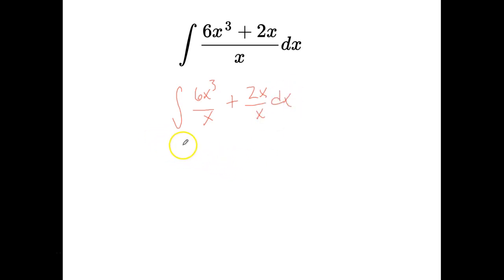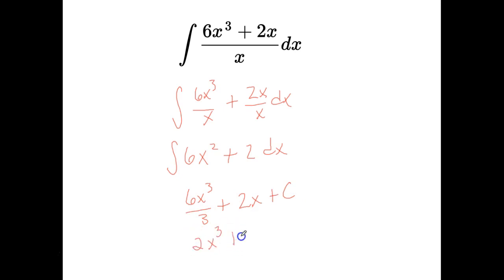Then doing this, I'm going to get 6x squared plus, and it's still the integral, 2 dx, and the integral of this would be 6x cubed over 3 plus 2x, that's boosting and dividing, right, plus c. That's just going to be 2x cubed plus 2x plus c. Now I could do all of that because there was only one term on the denominator, right?